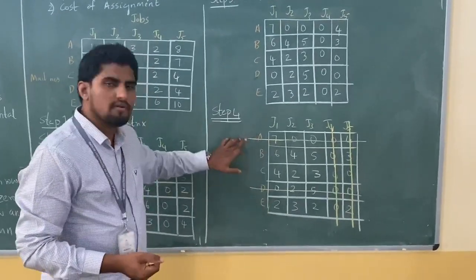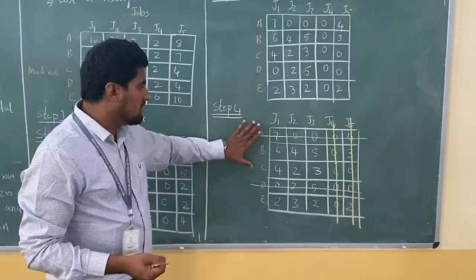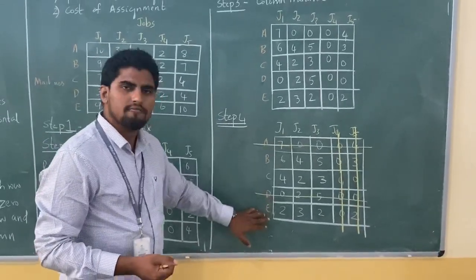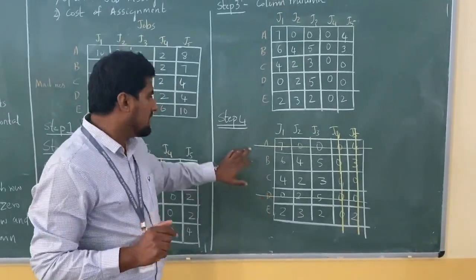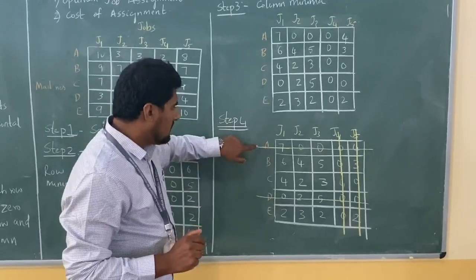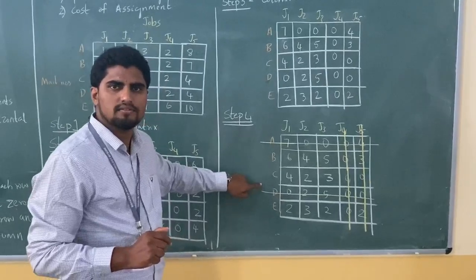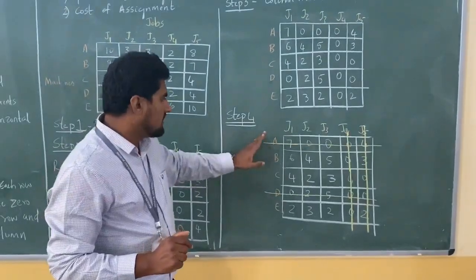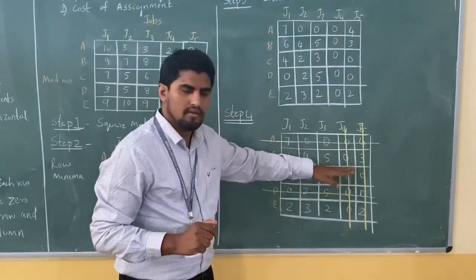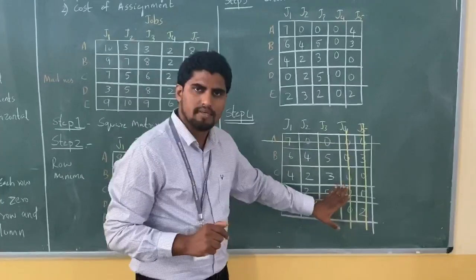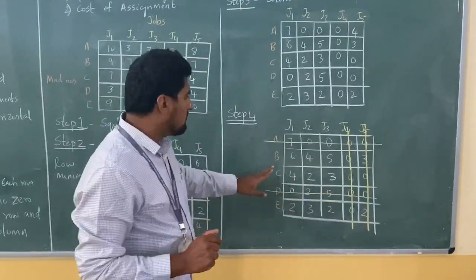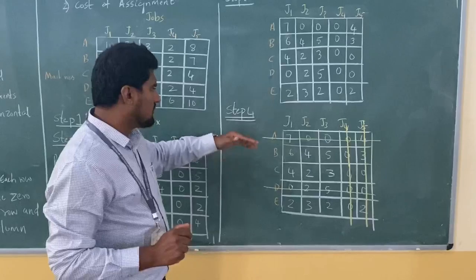Capital N is the number of lines which we have drawn. In this given problem, the order of the matrix is 5 cross 5, and the number of lines we have drawn is 1, 2, 3 and 4. So the number of lines we have drawn and the square matrix order are not matching. So we need to go for the next step.